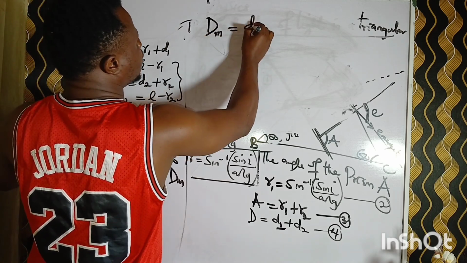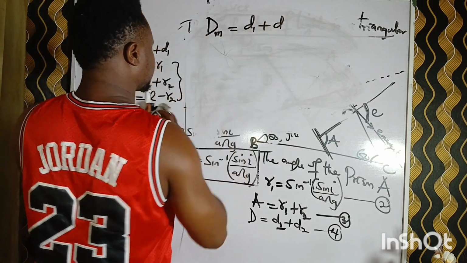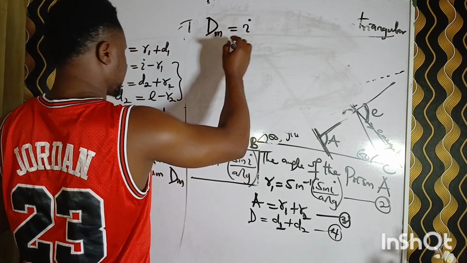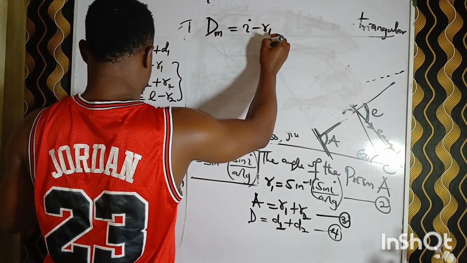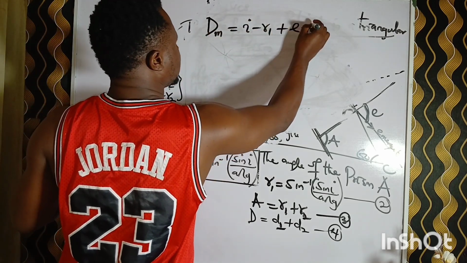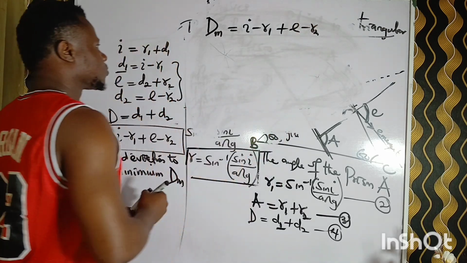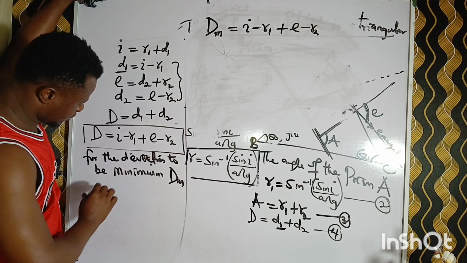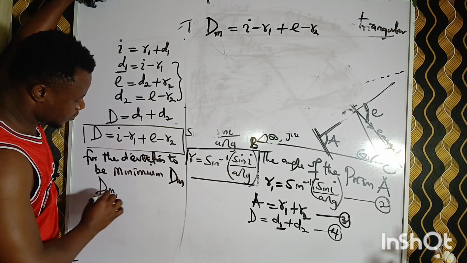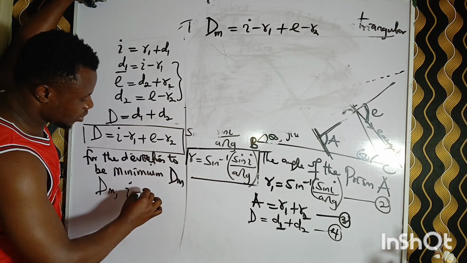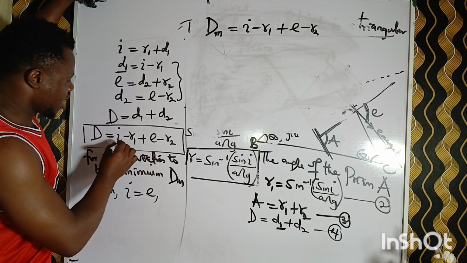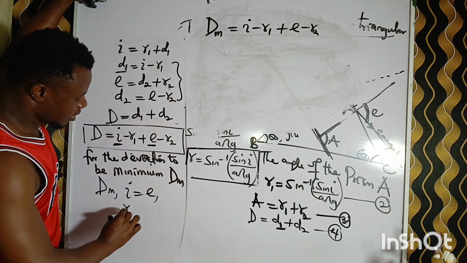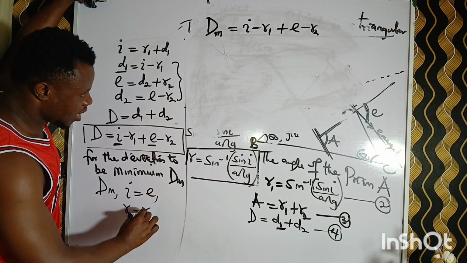dm equal to I minus R1 plus E minus R2. So for this deviation, for dm to be minimum, I is equal to E. The angle of incidence is equal to the angle of emergent, and R1 is equal to R2.